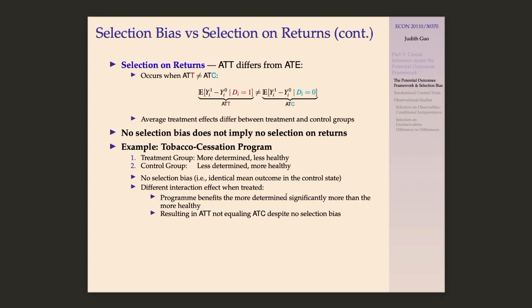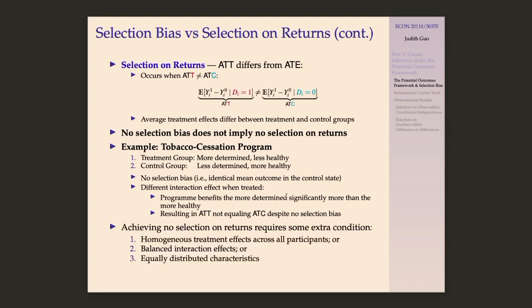So the ATT, the average effect in the treated state for the treatment group, will be greater than that for the control group, because the effect of the treatment is greater for the characteristics of the treatment group than for the control group. So even if we have no selection bias, we do have selection on returns because the outcomes in the treated state are different.